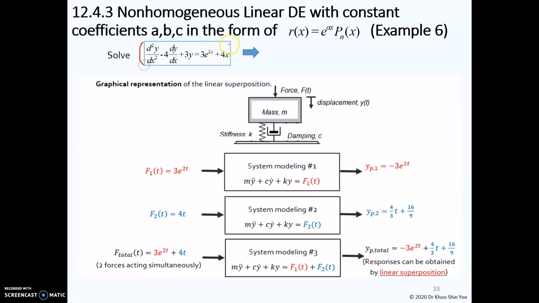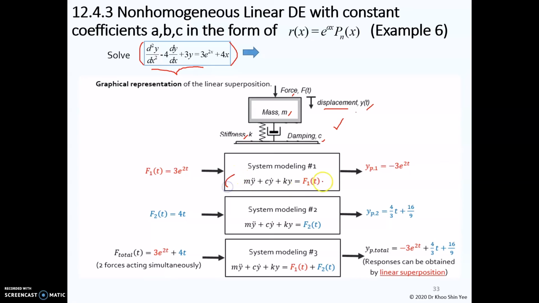Second order ODE is frequently used to solve the mechanical vibration problem or the electrical circuit problem. In this example, let's represent the second order ODE as a mechanical system, where you have mass, stiffness and damping. Under the force, the mass will experience displacement.